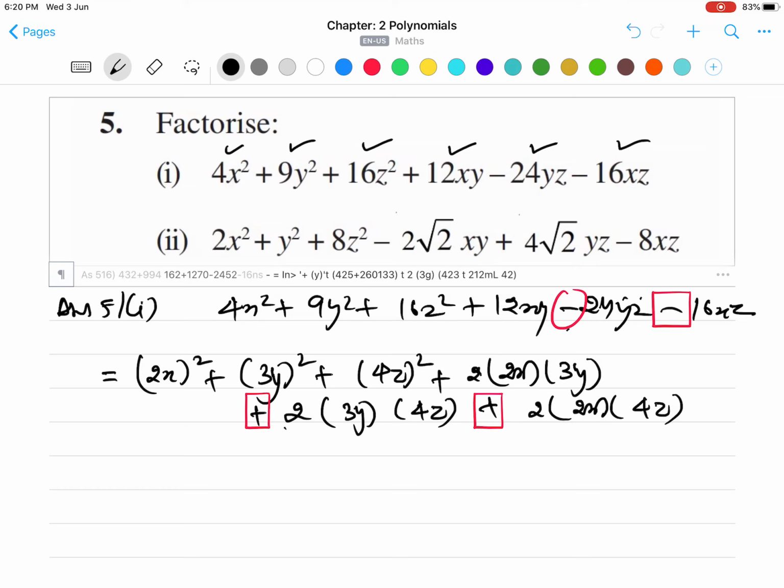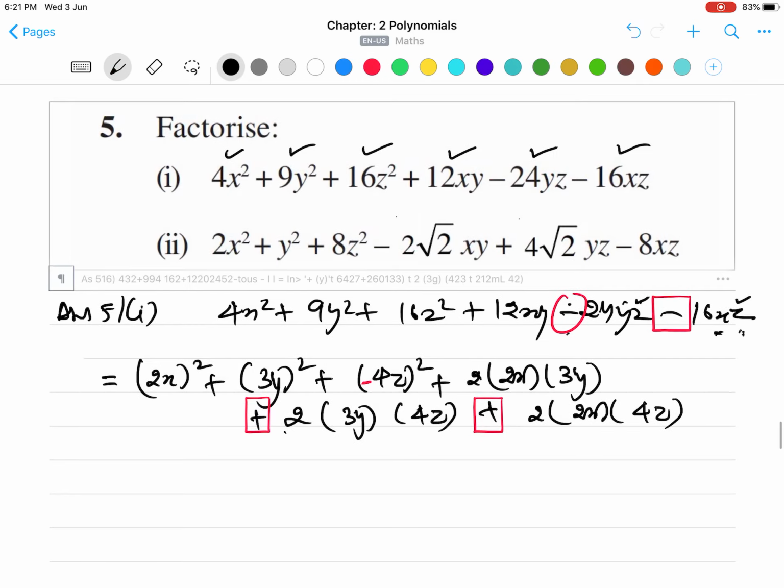Here we have yz, the sign is negative, and here also xz, so the sign is again negative. So in both cases we have z common and minus sign common. That means the term which is of z has to be negative. That means this z has to be minus 4z.